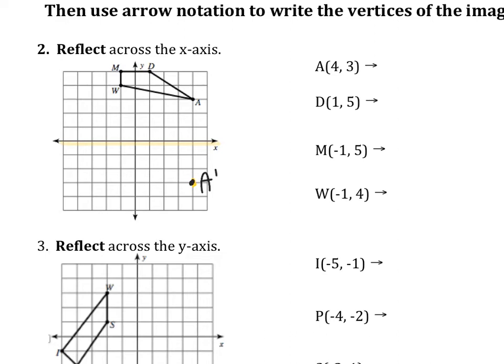There's A prime. And A prime is located at the coordinate 4, negative 3.